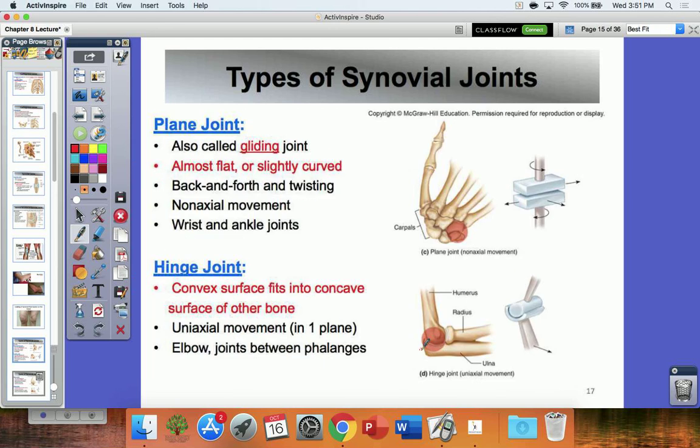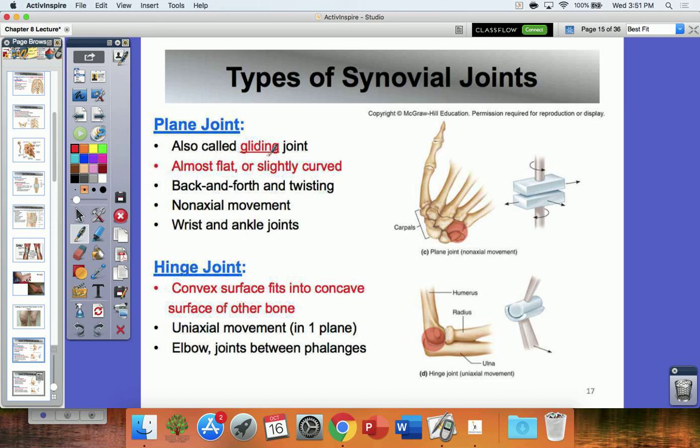Next, our plane joints. Also, sometimes you may hear them called gliding joint or sliding joint because they somewhat slide back and forth, but not so much that they just slide past each other, but they slide enough to allow for a bit of movement.